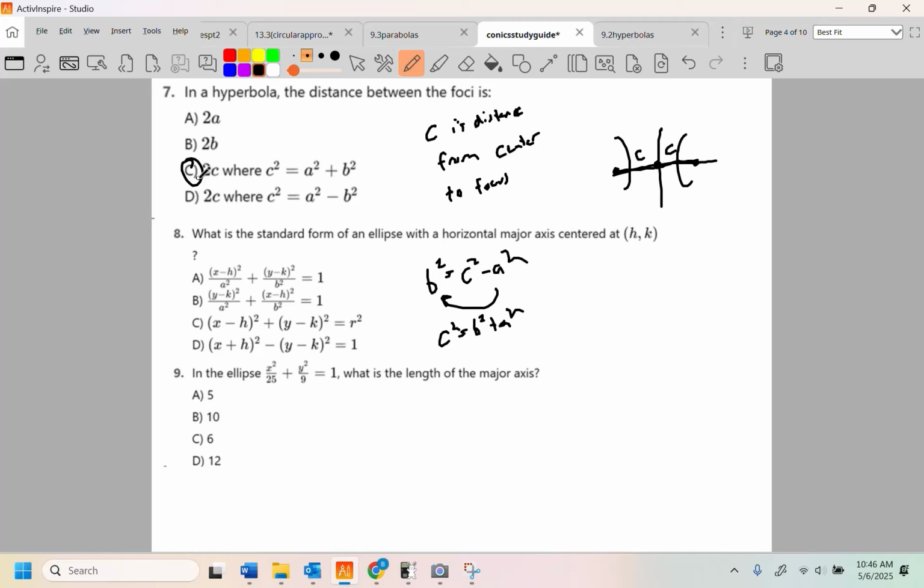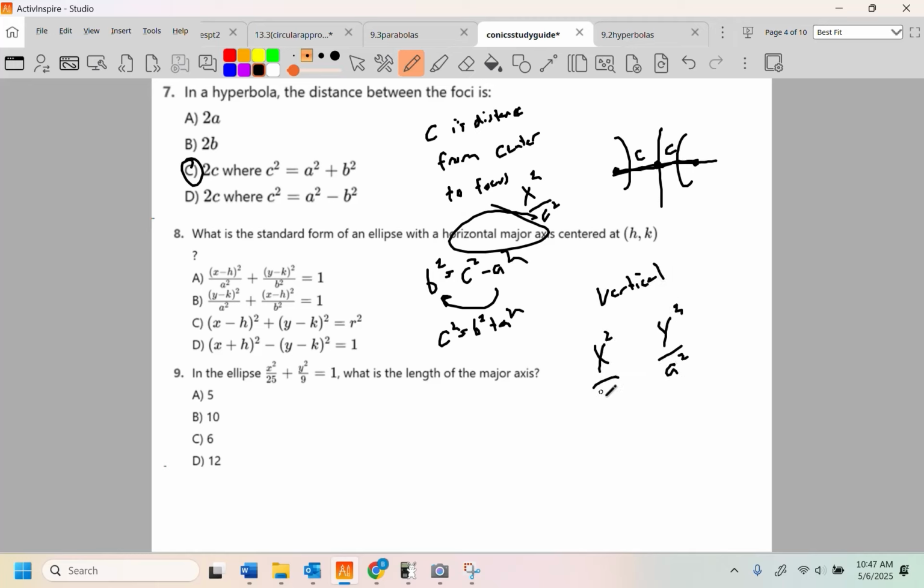I'm just looking at those big old tables that have everything I need to know. Don't freak out about it. Refer back to your tables. What is a standard form of an ellipse with a horizontal major axis? If the major axis is horizontal, it's x squared over a squared. That's how it is, okay? If it's vertical, it's going to be y squared over a squared.